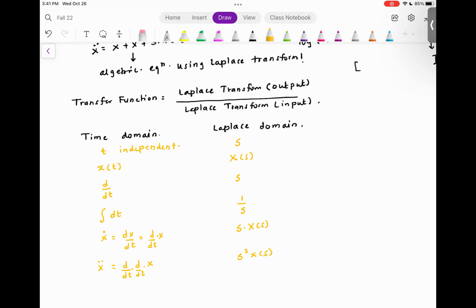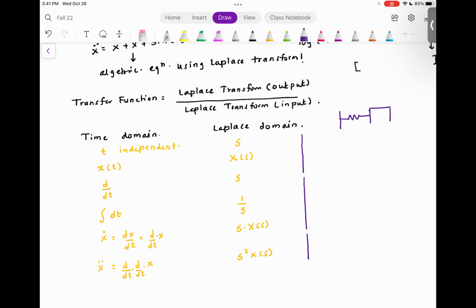So with this knowledge, I want to give you a simple system, and let's try to design the controller for the system and see what happens. So everyone, I want you to look at the board. Consider a simple spring mass system.